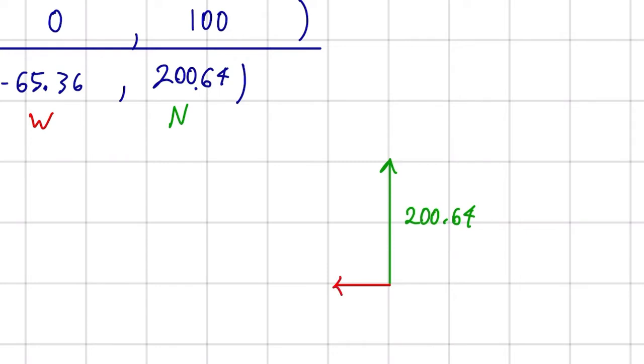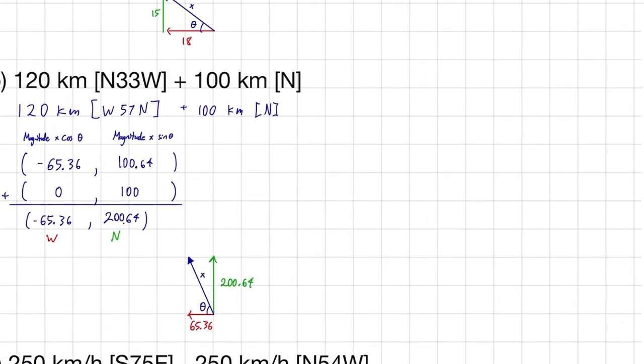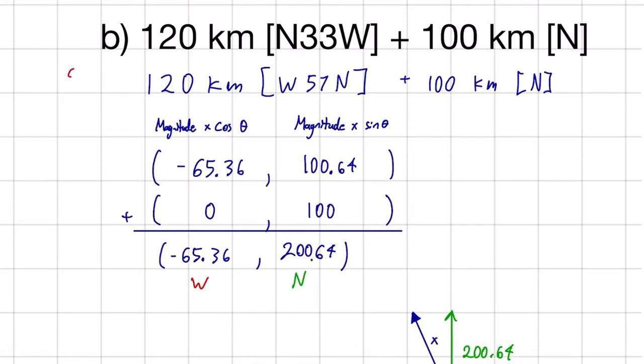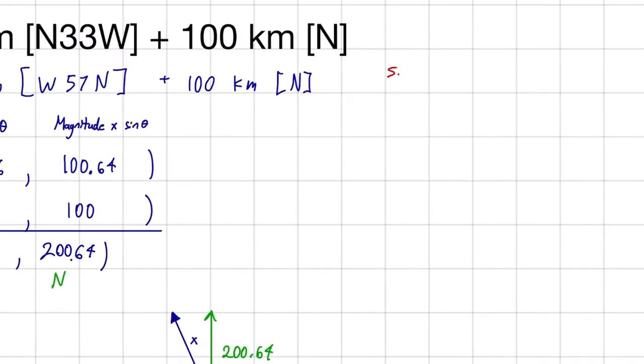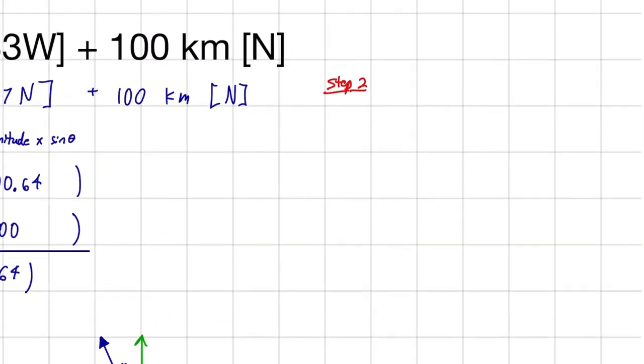And our west component is 65.36. So our resultant is going to be something like this. The magnitude of x that we don't know, and an angle theta. So that was step 1. Let's move on to step 2. And that is to get the magnitude.